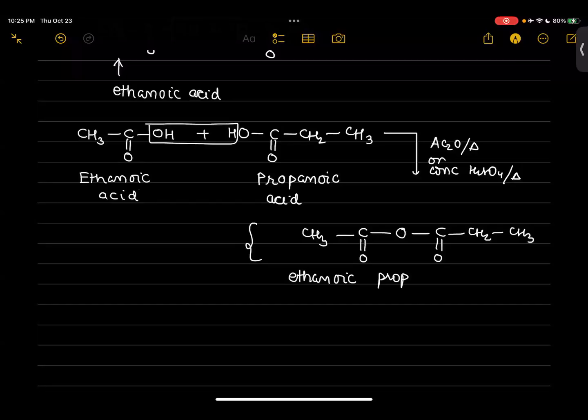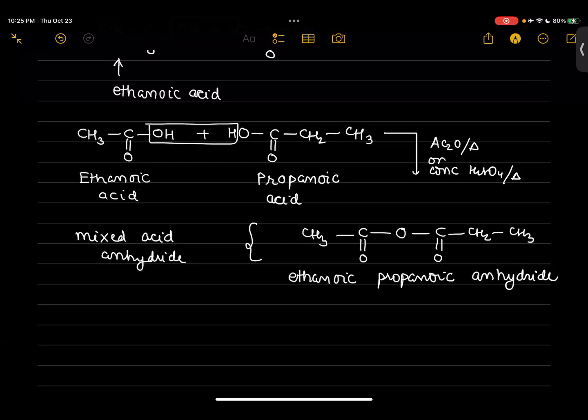Propanoic anhydride. Okay, and this is an example of mixed acid anhydride.